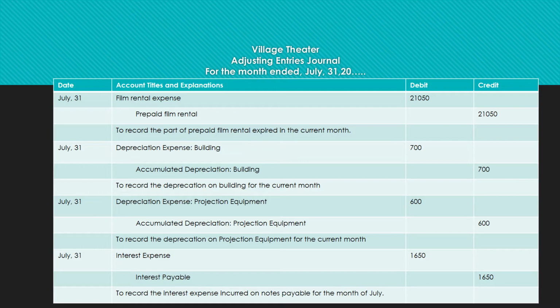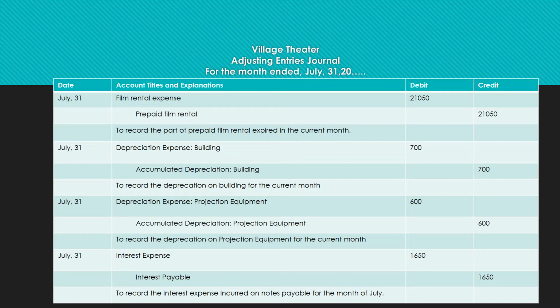Adjusting entry B. The building is being depreciated over a period of 20 years. The value of the building is 168,000 and its estimated useful life is 20 years. Now you have to calculate depreciation on the building for the month of July. How can you do that?